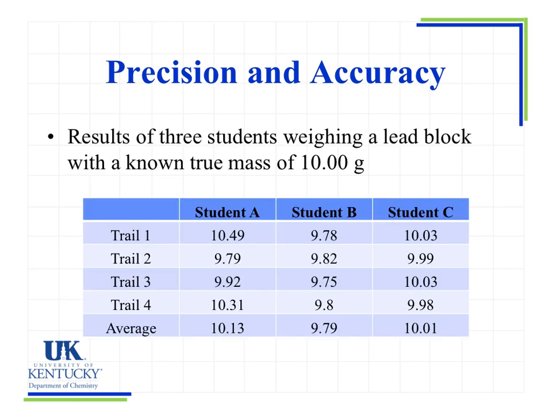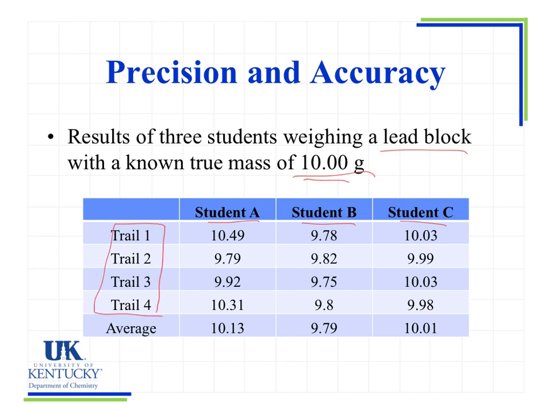So this is exactly the same example I was talking about. There was a lead block with a known true mass of 10 grams, and they gave it to 3 students, student A, student B, and student C, and they wanted them to do it in 4 tries.